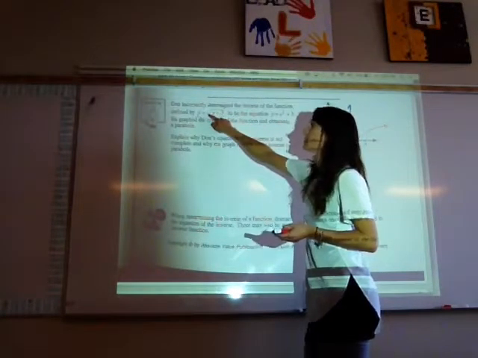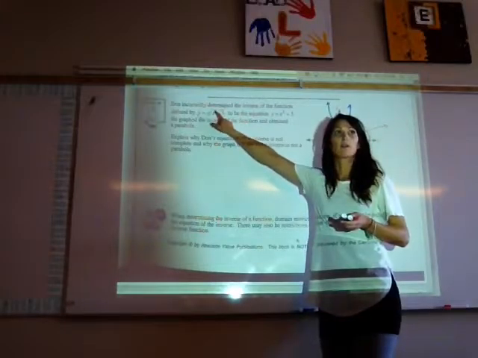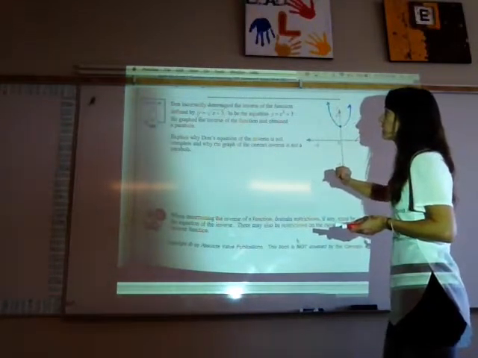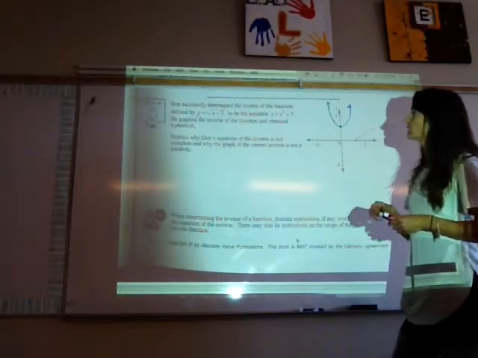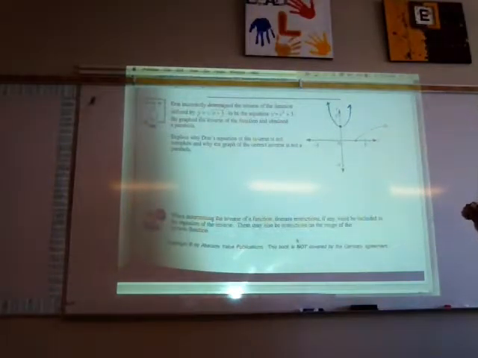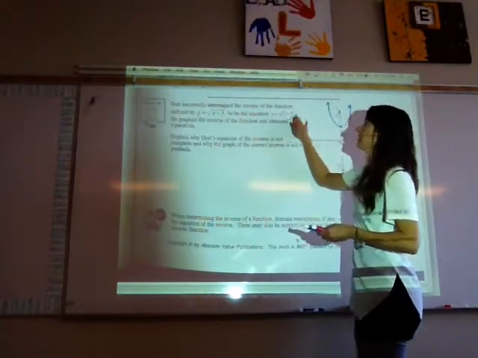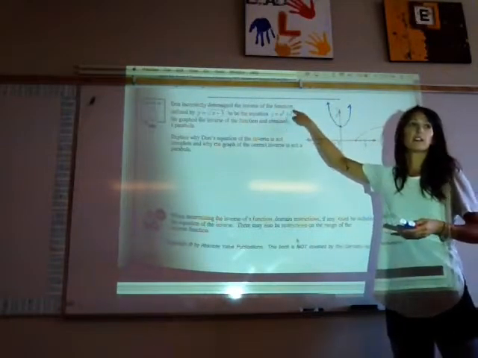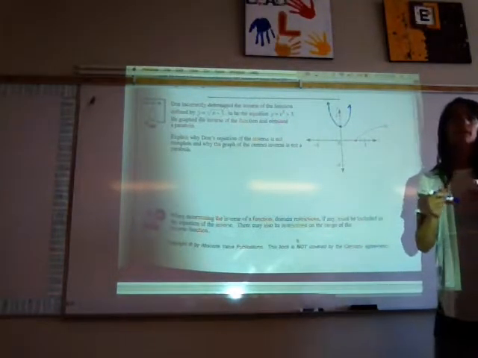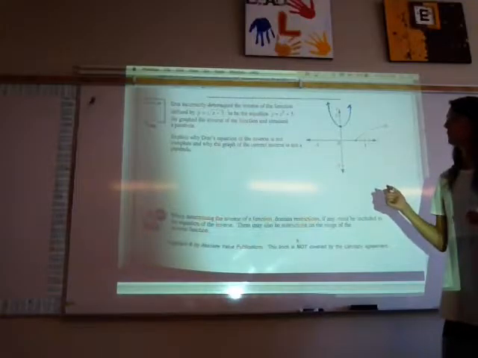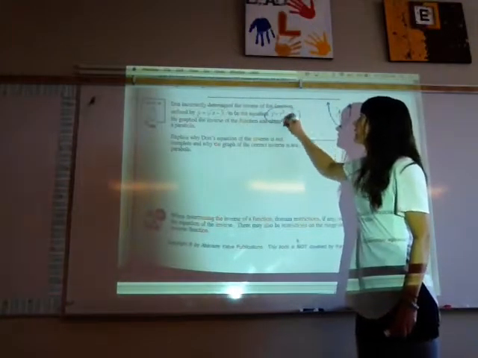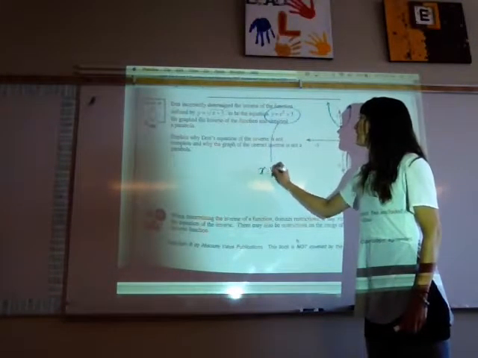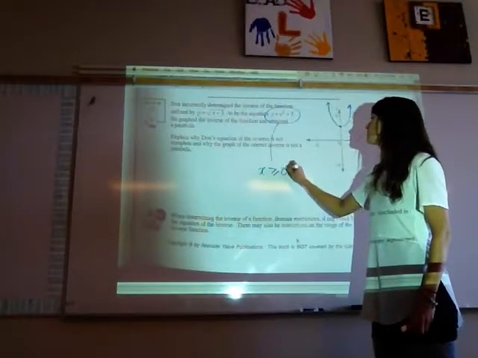Good. So this is just the positive square root of x minus 3. So he's saying that this is the inverse. Okay, what restriction would we have to put on the parabola? The parabola would have to be that x is greater than or equal to 0.